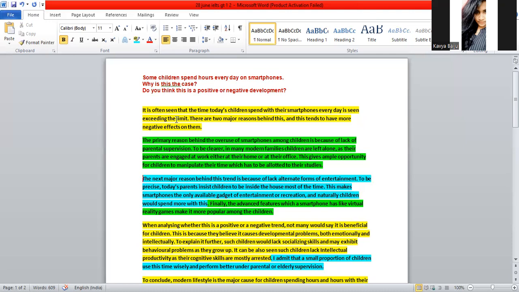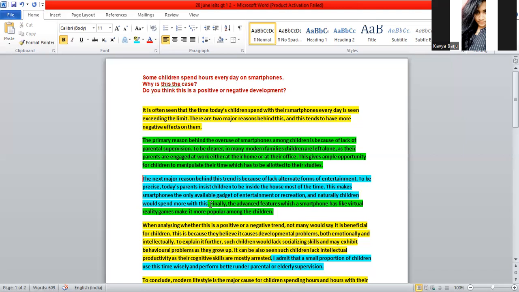Now, we do have a final reason. We have a tale to support what we have said. Finally, the advanced features which a smartphone has, like virtual reality games, make it more popular among children.